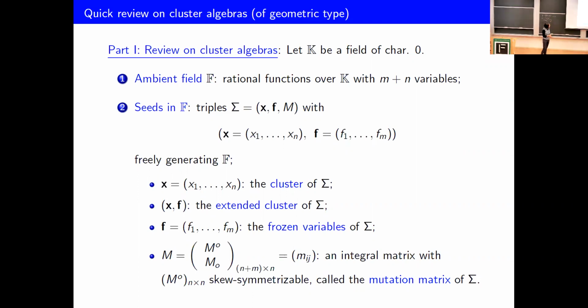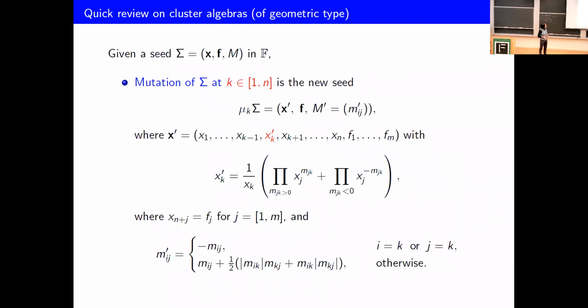Now this slide is a little more technical, explaining how we mutate. Given a seed, how do we get a new seed? Remember that in general X is x1 through xn, and F is frozen, so you don't do anything to those functions.